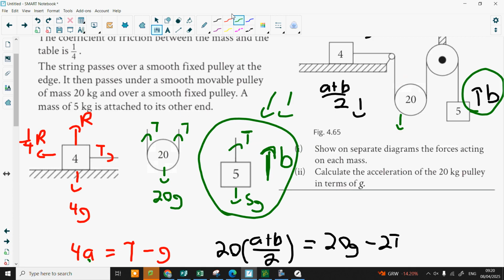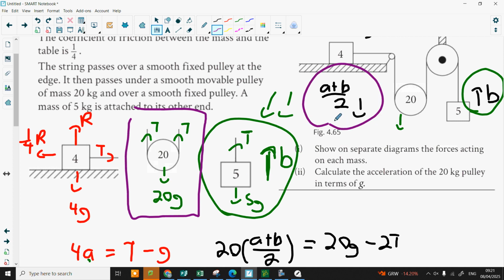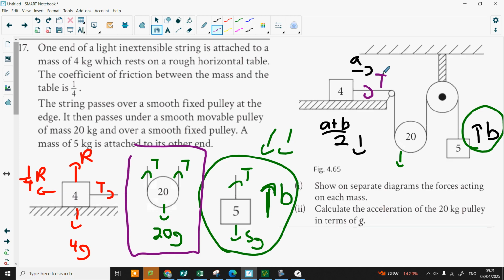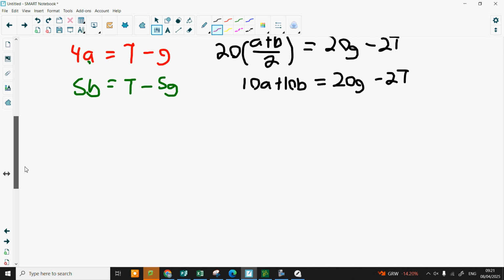In this case, in the purple system, T wants it to go upwards, but we know it's going downwards. This means T will be negative in this system. About sidewards, T wants it to go to the right, and it is going to the right. Therefore, T is positive. It's only when it's going the opposite direction of the tension that it's negative, yeah. All right, thanks for asking. That's a good question to ask.